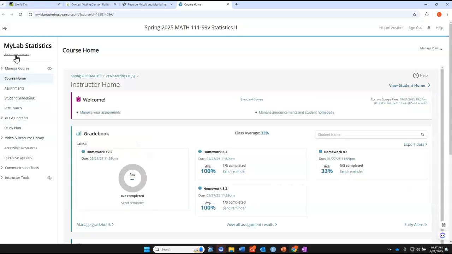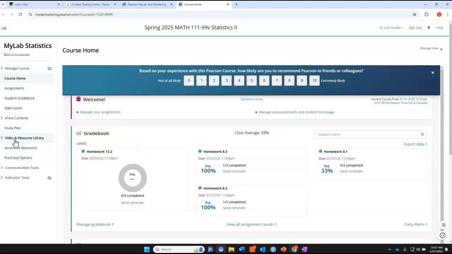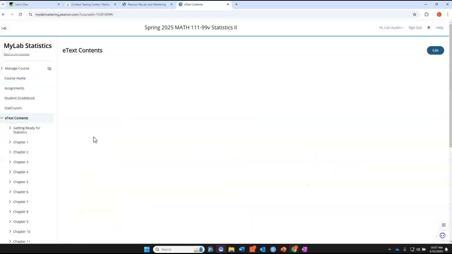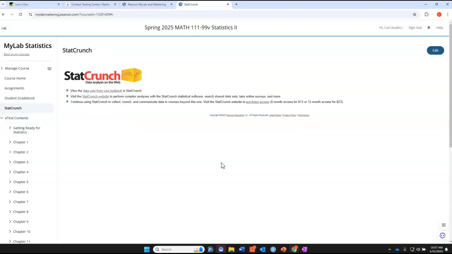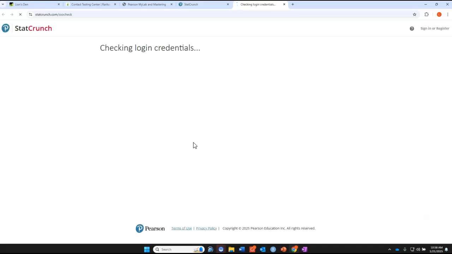And by going through that Access Pearson, you can also get a copy of your e-textbook. You want to view the e-textbook for your course, and you can see it there. And it's where you can also pull a StatCrunch set of data from the textbook, just like you will for your homeworks.